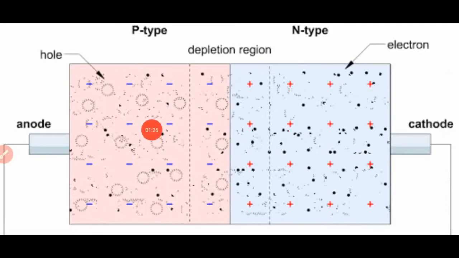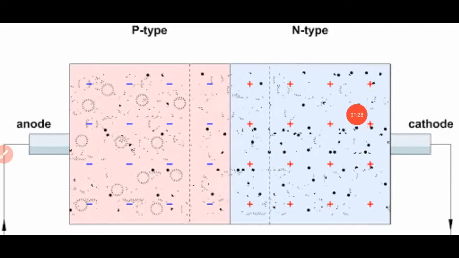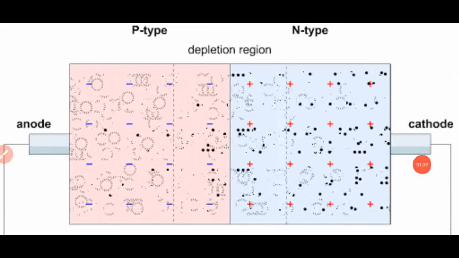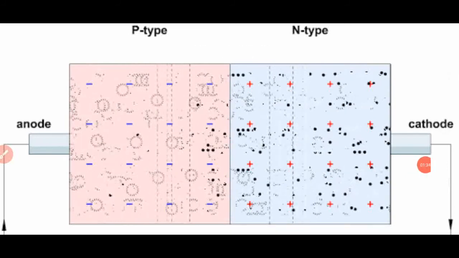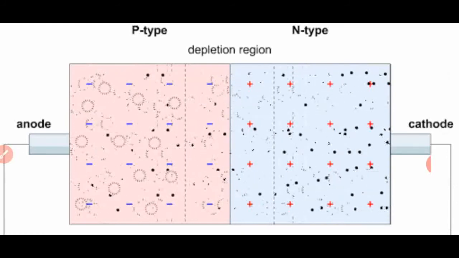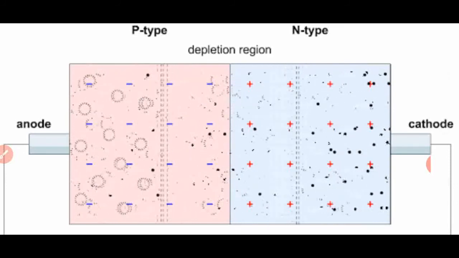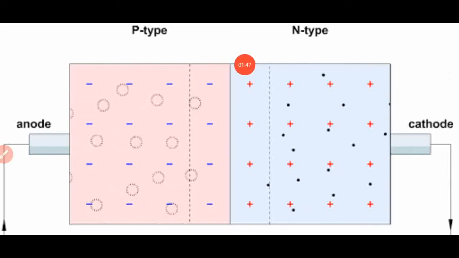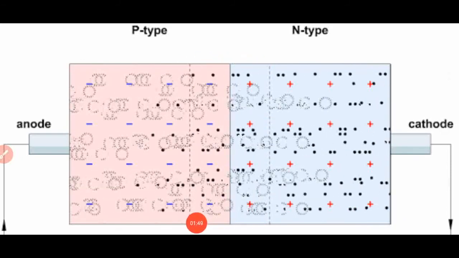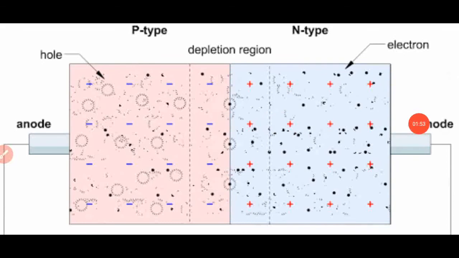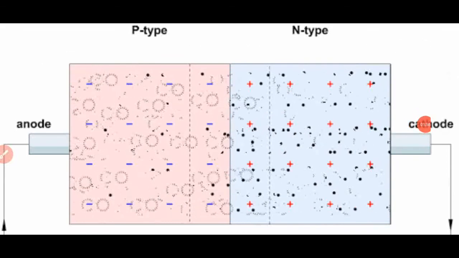This region is electron deficient, and this region is electron rich. These two materials are joined together to form the diode. And after joining them together, we will form a layer. This layer is called a depletion layer. You will learn about this diode in higher classes in detail.